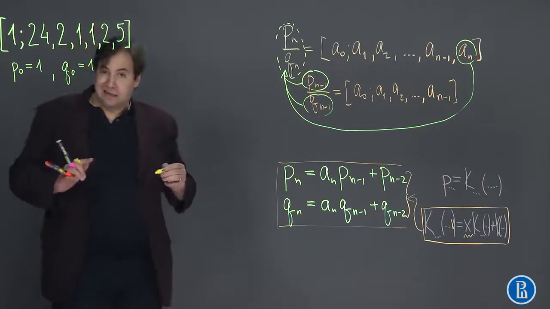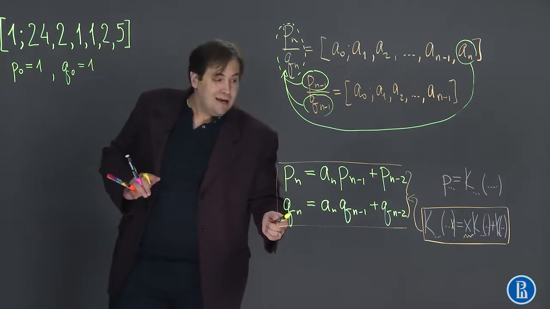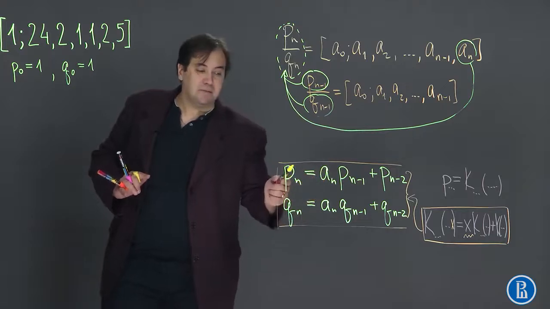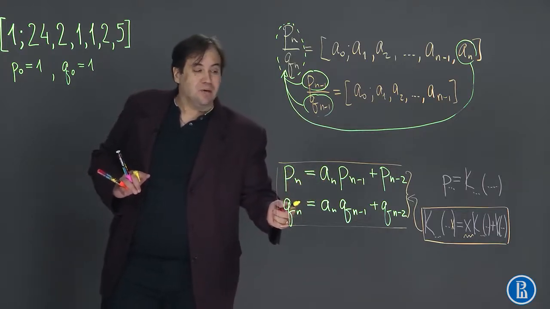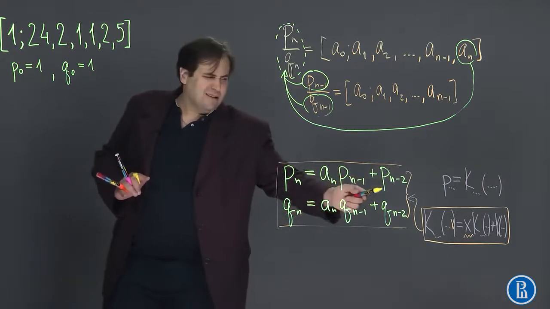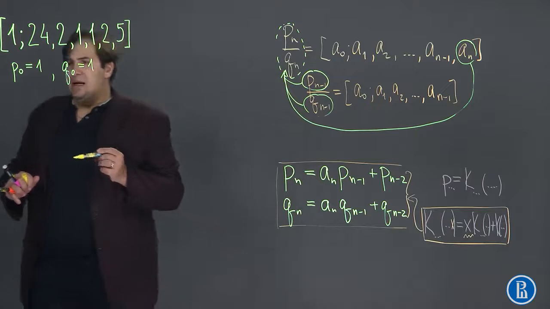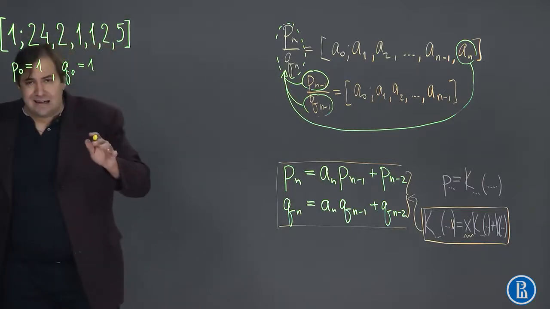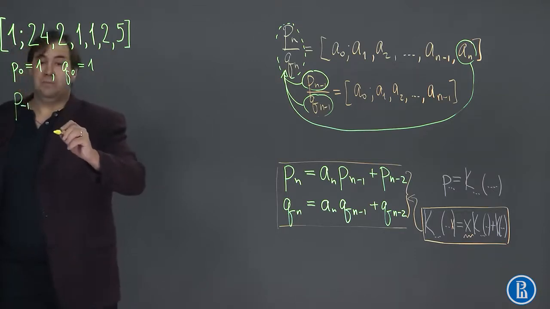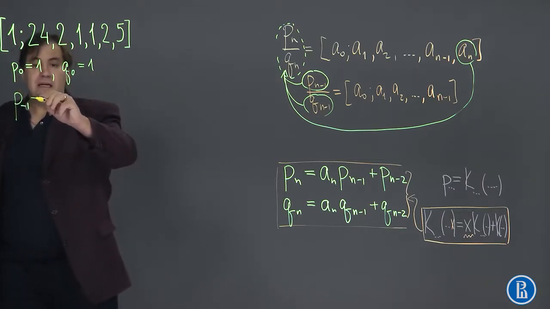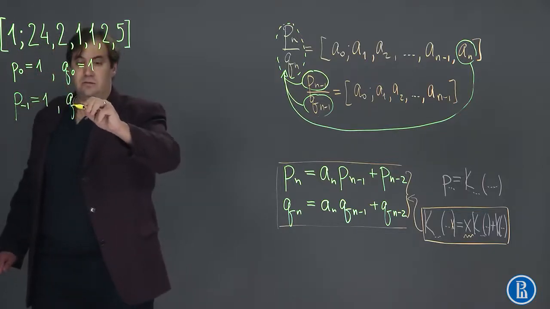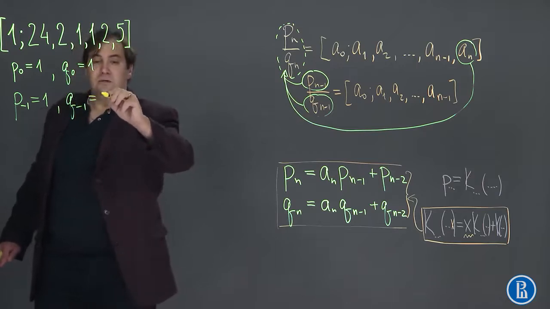However, to calculate p1 and q1, we need to know not only p0 and q0, but also p minus 1 and q minus 1. Well, what could that be? It turns out that for any continued fraction, you can put p minus 1 equal to 1 and q with index minus 1 equal to 0.